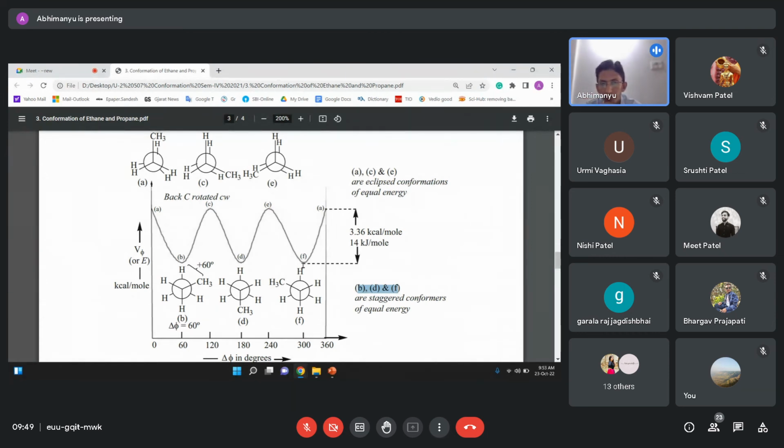So the repulsion energy in structures B, D and F, which are the staggered structures, is less, and therefore the energy of B, D and F is lower, and the energy of A, C and E is higher. I am talking about the torsional strain. Torsional strain, or you can remember it in other words as repulsion strain. So torsional strain higher means what? Stability is low. So the eclipse structure always has higher energy and lower stability as compared to the staggered structure.